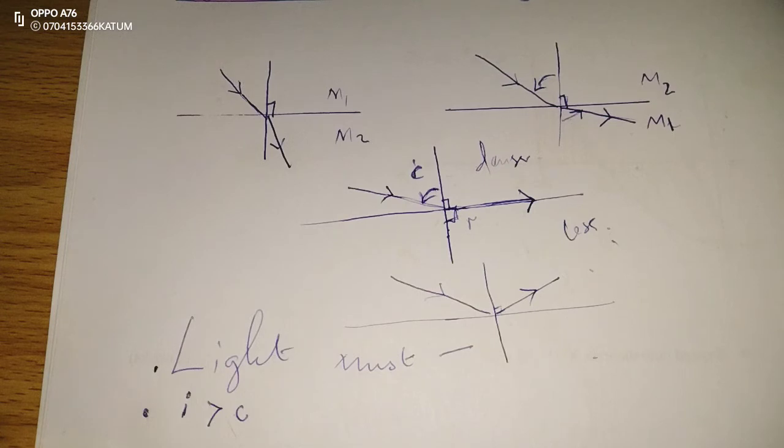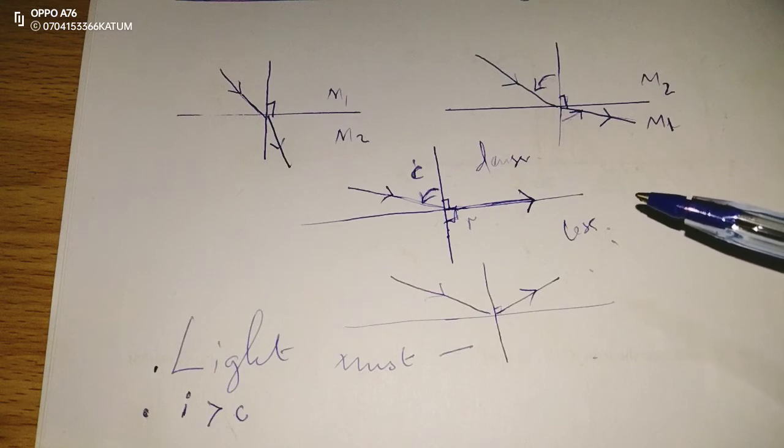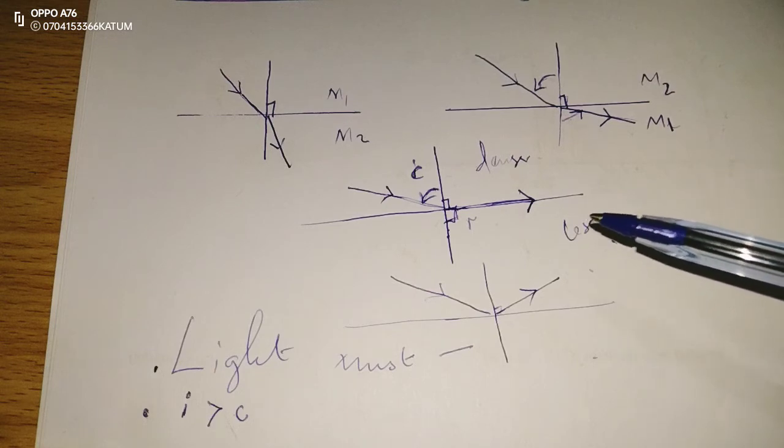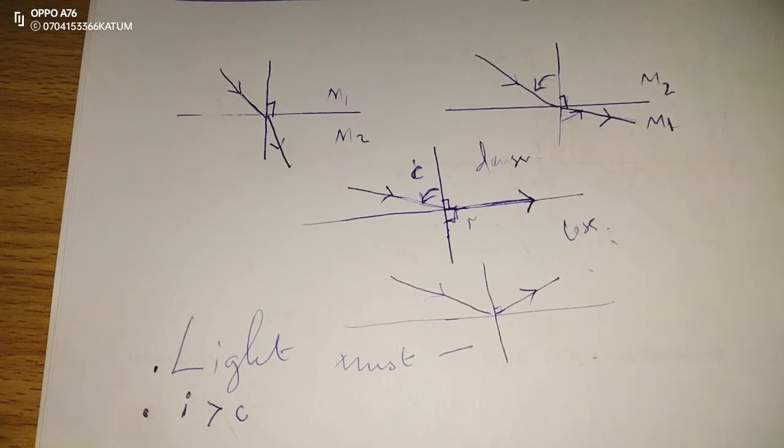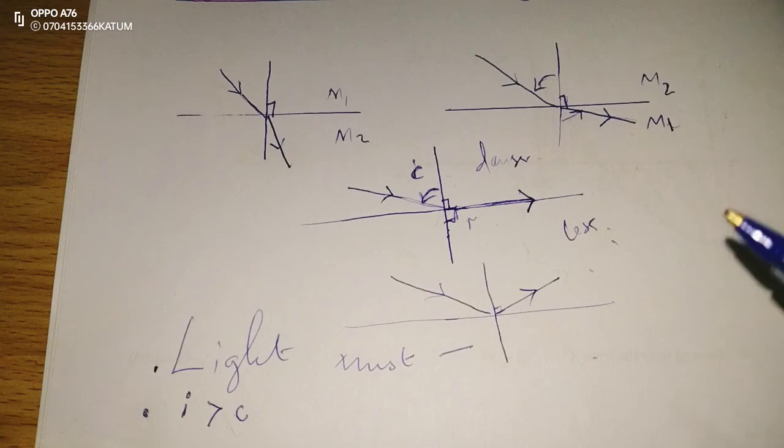So that is how total internal reflection occurs. Two conditions: light from the optically denser medium to the optically less dense medium, and angle of incidence in the denser medium being greater than the critical angle, because before the critical angle the angle of refraction will be less than 90 and there are no chances of total internal reflection.